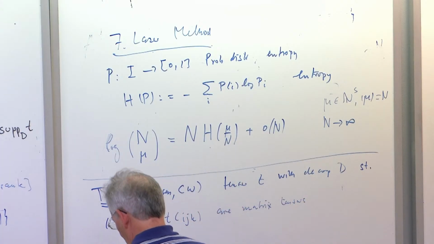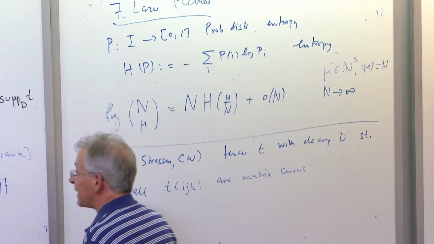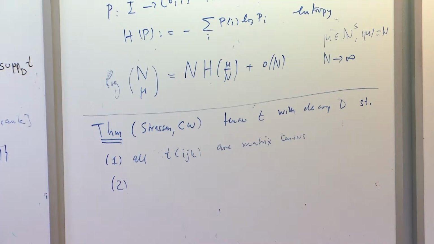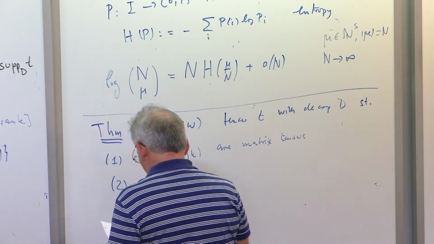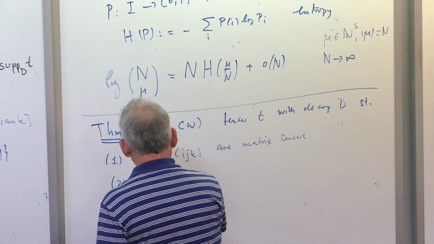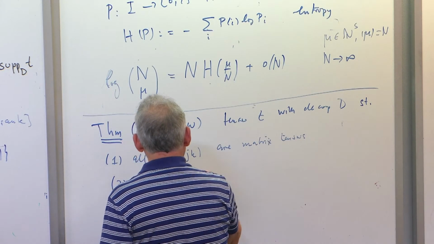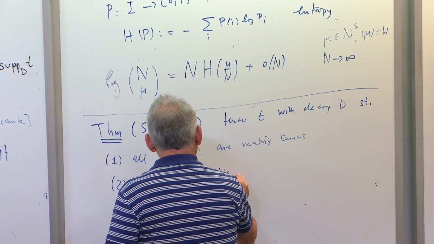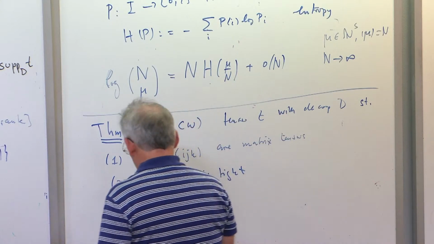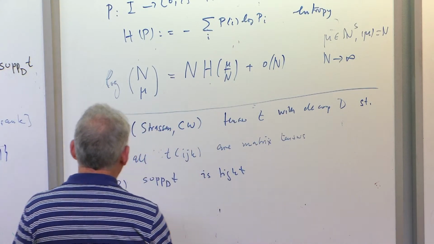Second, now this is the substitute for the second condition, because of that crucial lemma, I now require that the D support of my tensor is tight. Okay, and then, that's all.